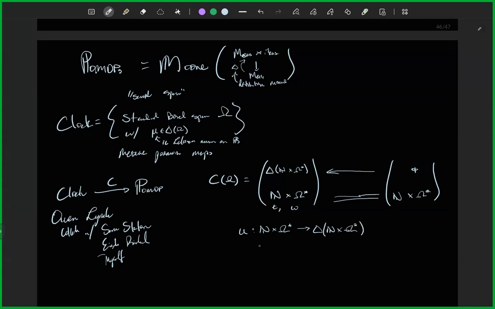And what we're going to do is take t, omega and map it to something like Dirac delta t plus 1 times sampling: sample omega prime such that omega prime restricted to less than or equal to t is equal to omega, with respect to mu.